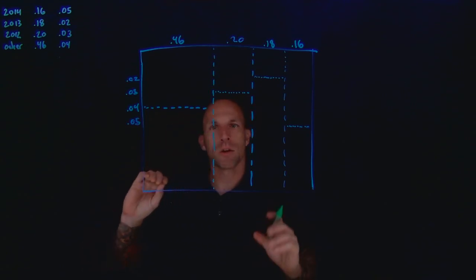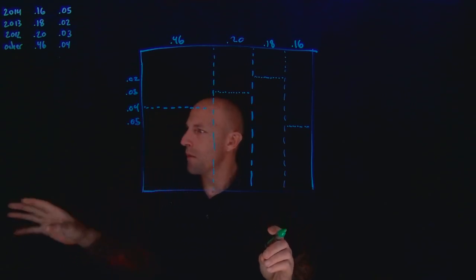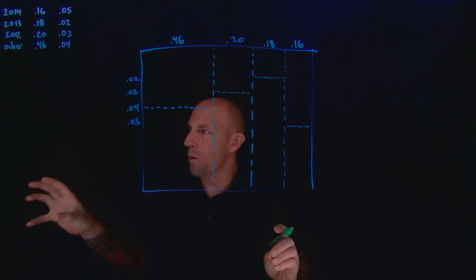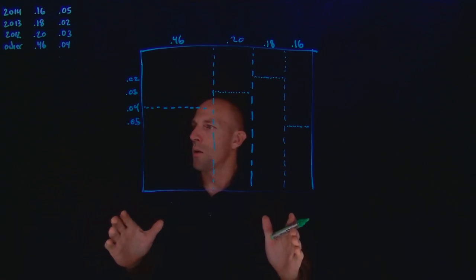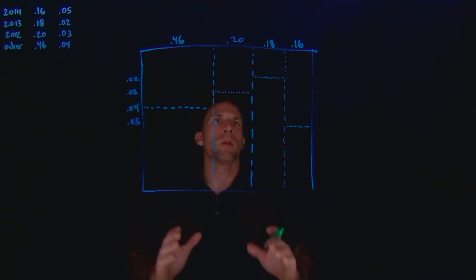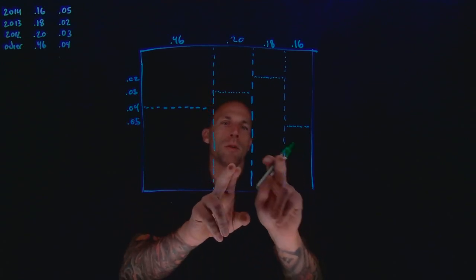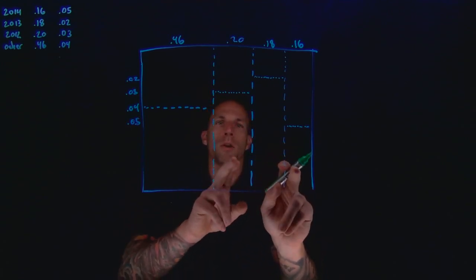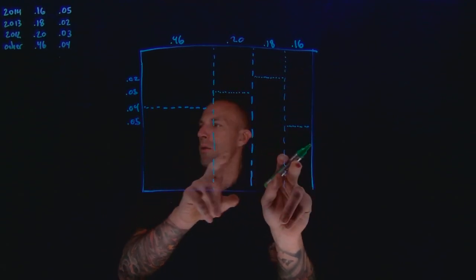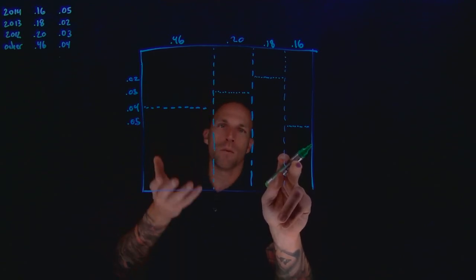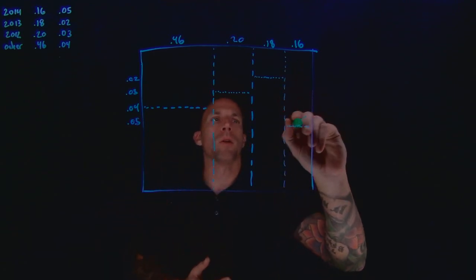So now let's have a look at the conditional statement that we're given. An automobile from one of the model years 2014, 13, and 12 was involved in an accident. So the first part of that statement, we're limiting ourselves to these three categories, the columns here, and then was involved in an accident, so that's above the line here.